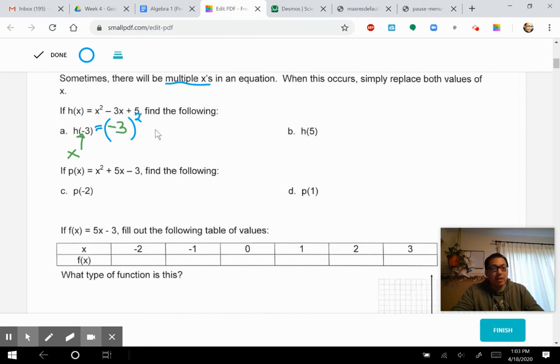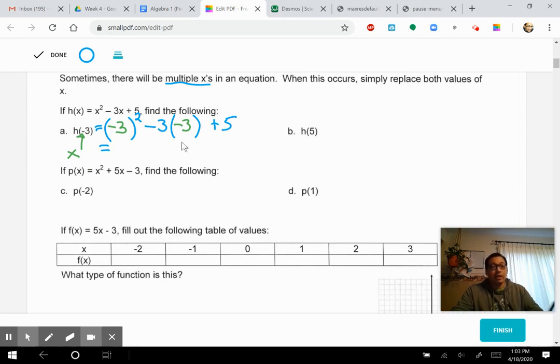Then we're going to also add on -3 times x again. Oh, okay, so what's going to go in the x again? The same number that's our x here, -3. Maybe I'll just do one example of this. Plus 5. So we're not finished with our rule because our rule has plus 5 here. And what do we get as our output?